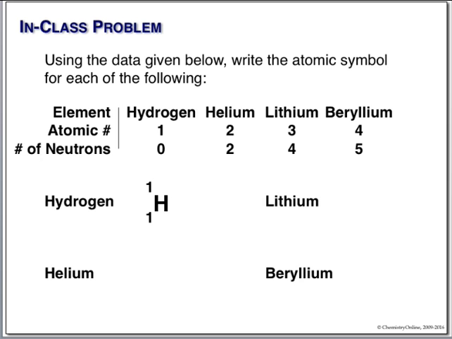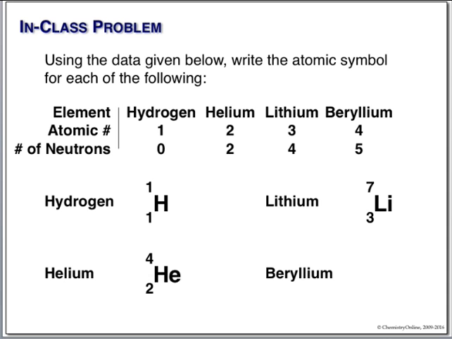Atomic number is 3, that's our subscript. And it should look like that. Helium. 2 protons, 2 neutrons. Our symbol is He. 2 plus 2 is 4. 2 is our atomic number. And it looks like that.